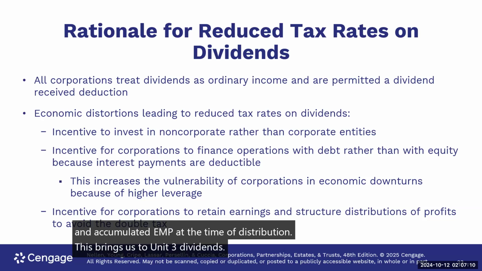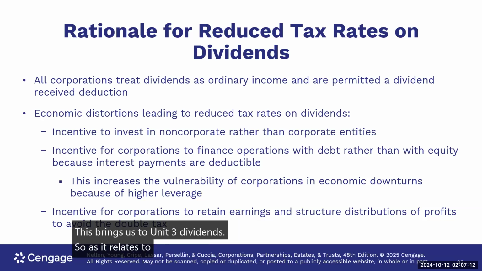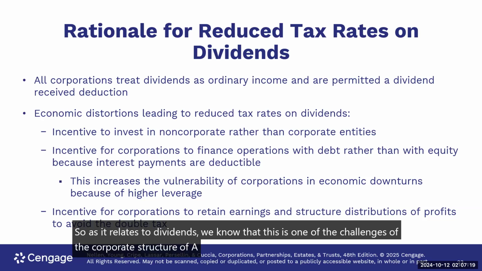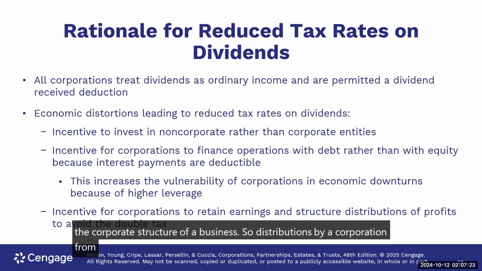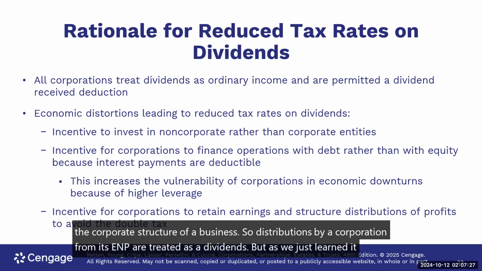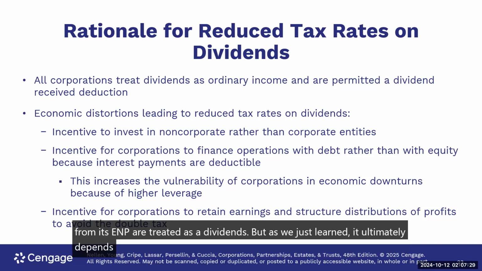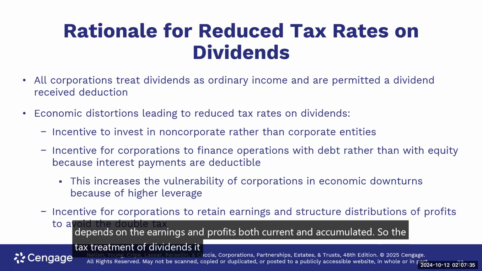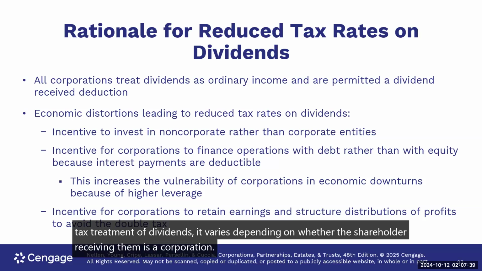So as it relates to dividends, we know that this is one of the challenges of the corporate structure of a business. Distributions by a corporation from its E&P are treated as dividends, but as we just learned, it ultimately depends on the earnings and profits, both current and accumulated. The tax treatment of dividends varies depending on whether the shareholder receiving them is a corporation or an individual.